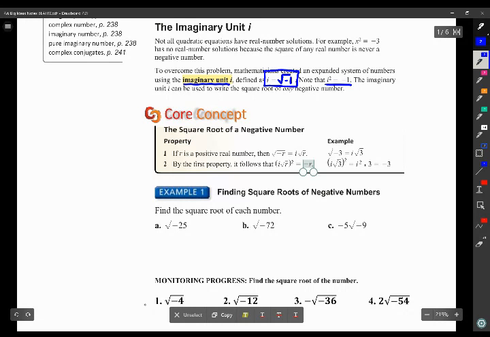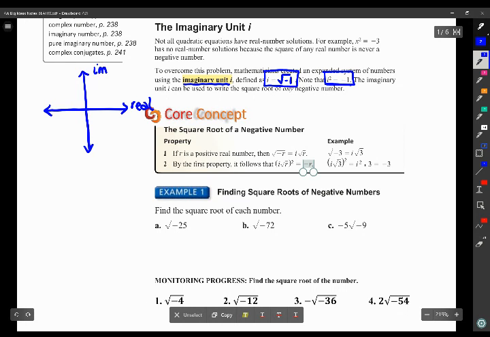Some things we need to make sure we are aware of: i is representing imaginary numbers. In the complex number system, if I was looking at a coordinate plane, the x-axis is our real numbers, and our y-axis is our imaginary.